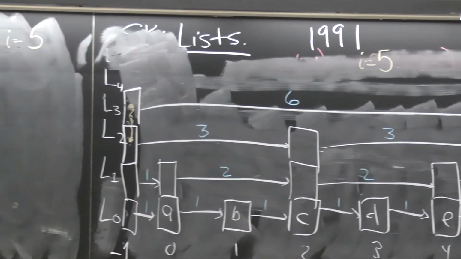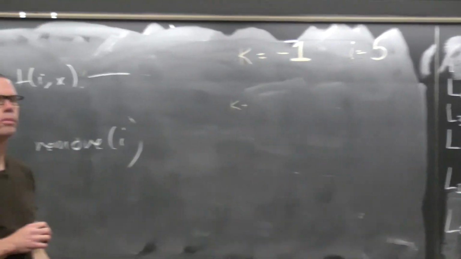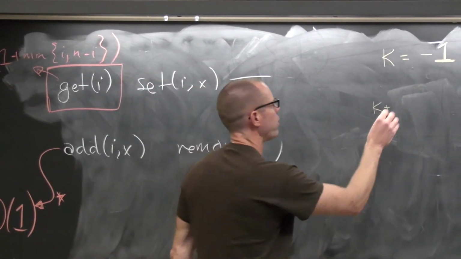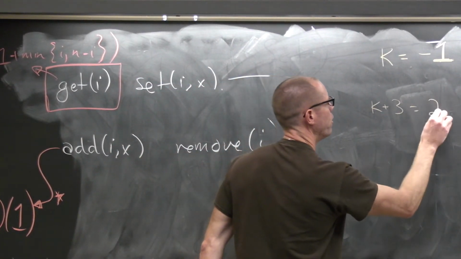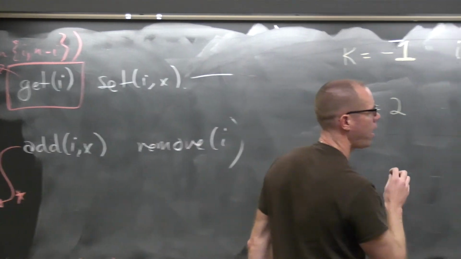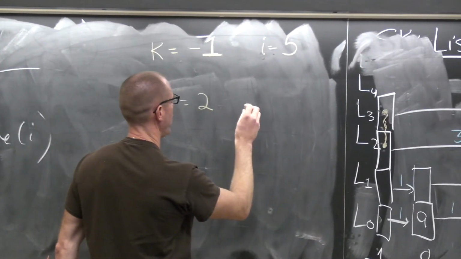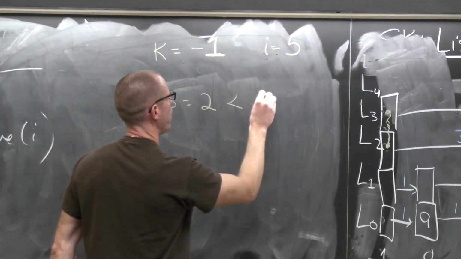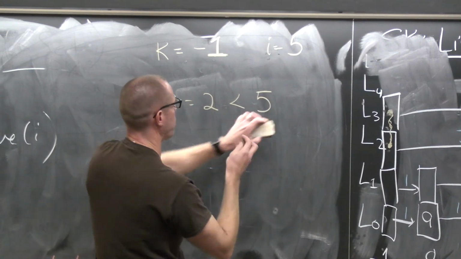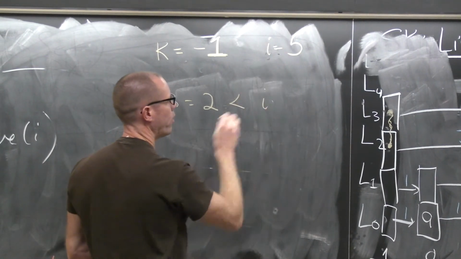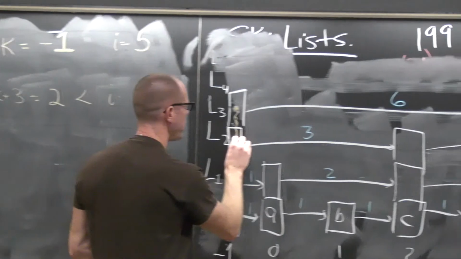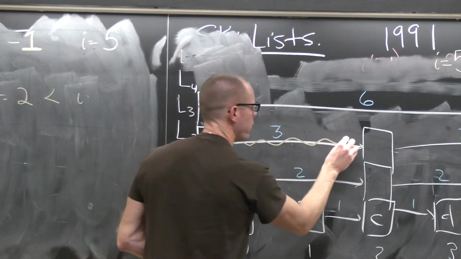So what index will that lead me to? 2. So k plus 3 is equal to 2. And that is smaller than 5, smaller than I, which is 5. So that tells me I should take this turn to the right.